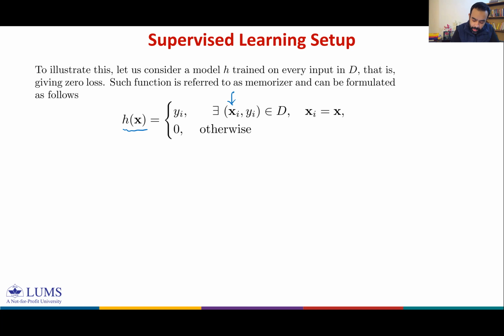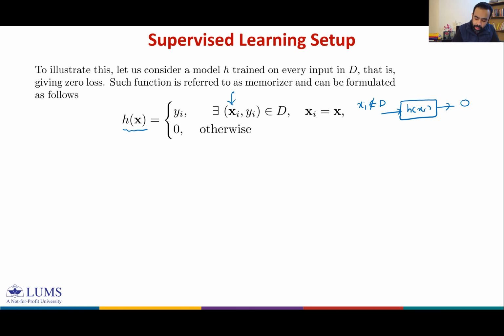लेकिन अगर मैं इस हाइपोथेसिस फंक्शन को इनपुट ऐसे दे दूं which does not belong to D, उस केस में ये 0 देगा. Because it's a memorizer. This hypothesis function has not seen this input before, right?